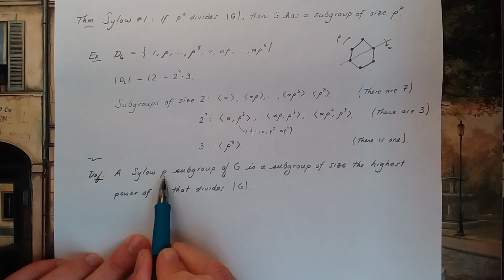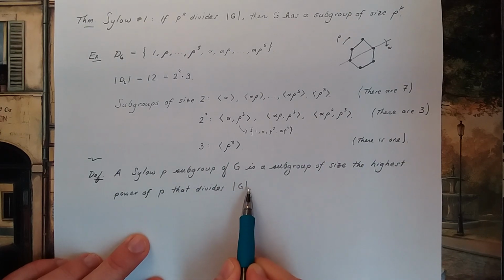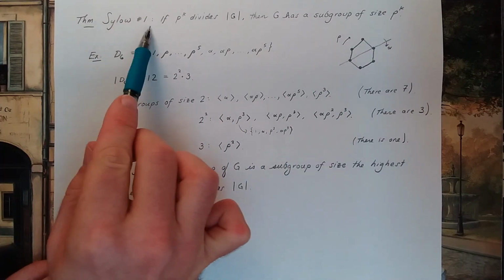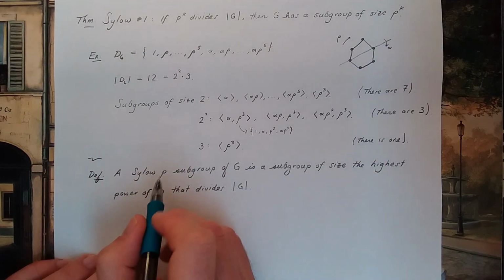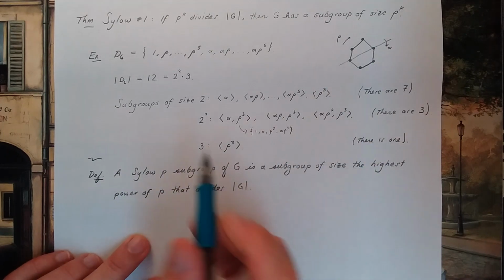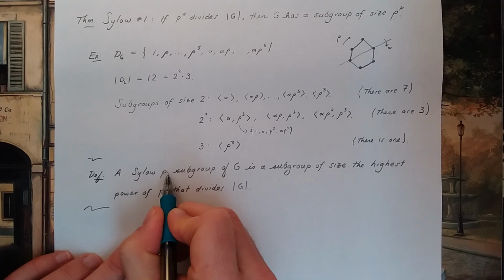Here p is prime, and the size of the group is finite. In fact, when we're studying the Sylow theorems, that's going to be going without saying from here on out. p is going to be prime, G finite. So that's a Sylow p-subgroup.